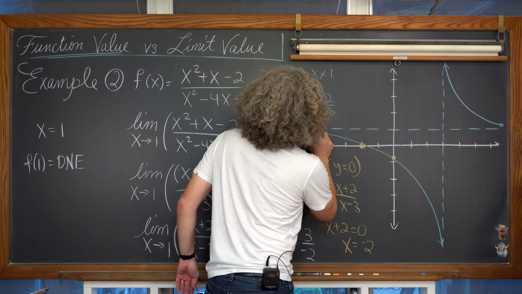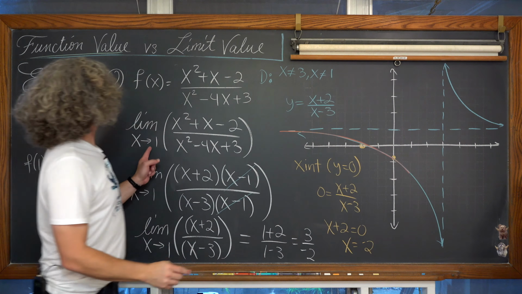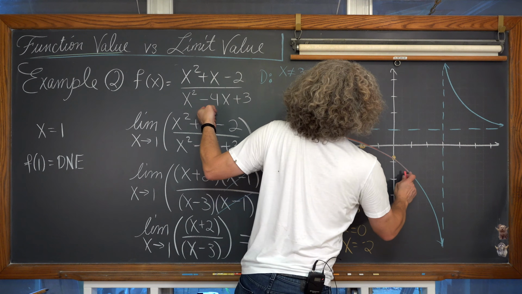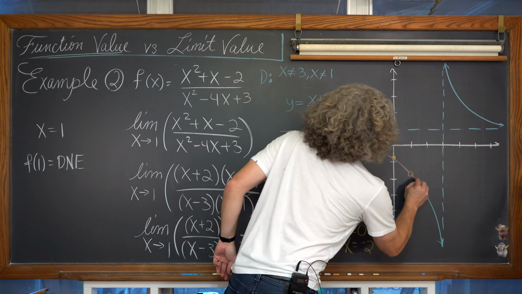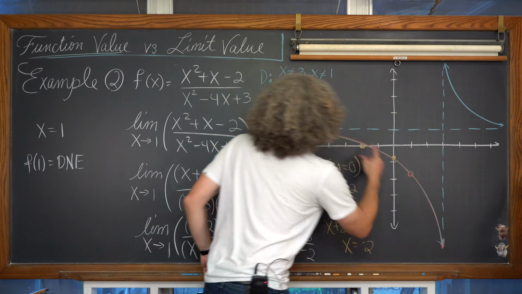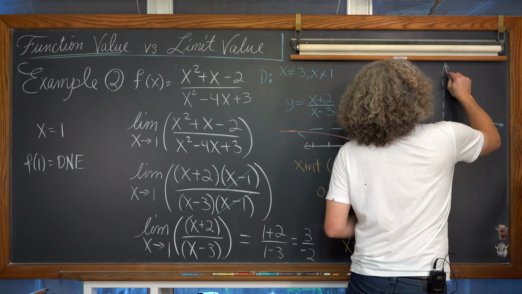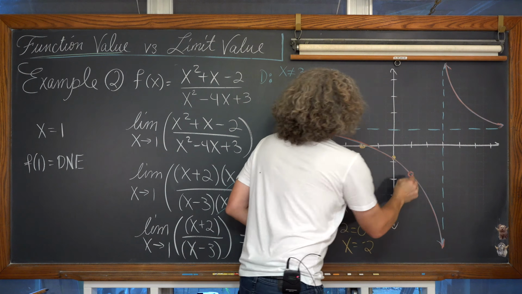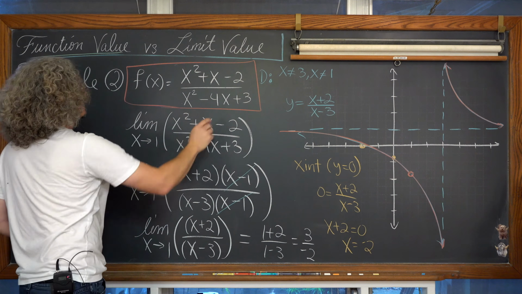So we're going to be coming through here, and when x is equal to 1, where this function was undefined, there is a location of a hole. And then we pick right back up with the rest of the graph from y is equal to x plus 2 over x minus 3. And here in red, if you can see that on the camera, is the graphical representation of our original function.